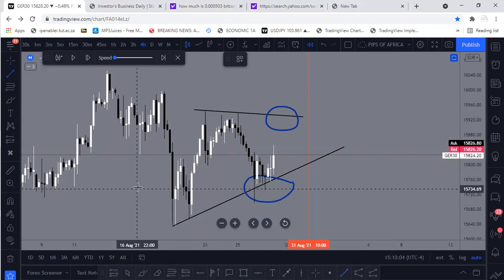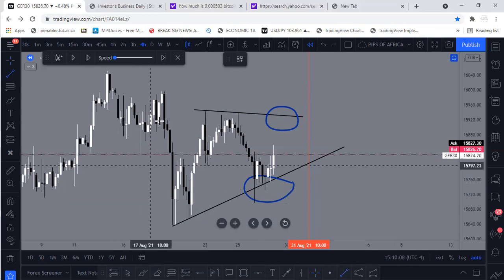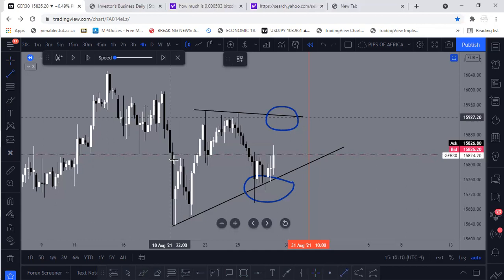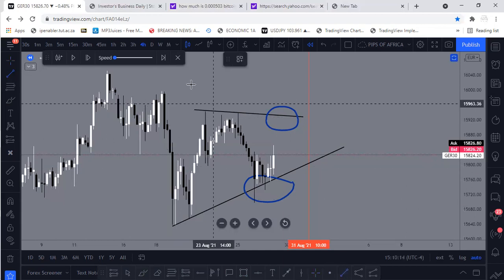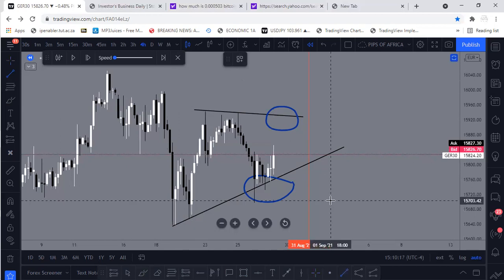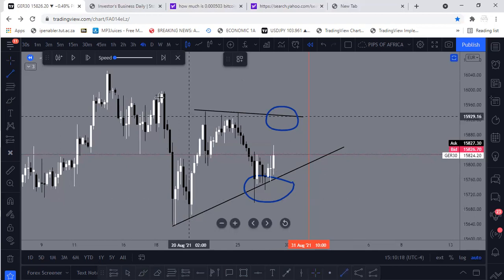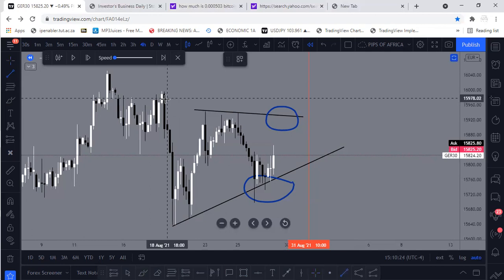But you must understand that market makers don't want us to make money. So they understand that the sellers made a lot of money here, so they will go ahead and move the price above here and then reverse, because there's an order block here. So sellers are waiting here, not knowing that above here there's an order block.